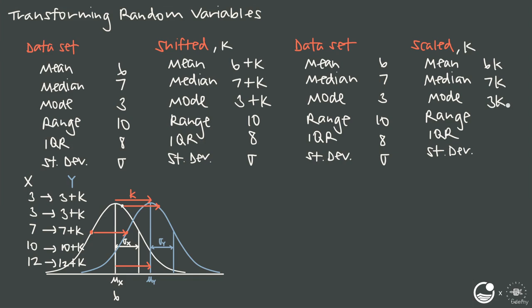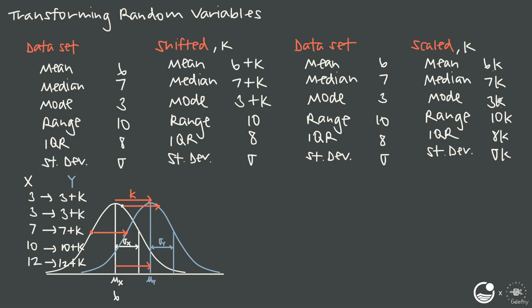But here's the difference now. The range and the interquartile range are also affected by scaling, even though they aren't affected by shifting. So the range now will be 10k, and the interquartile range will be 8k if the original range and interquartile range were 10 and 8.